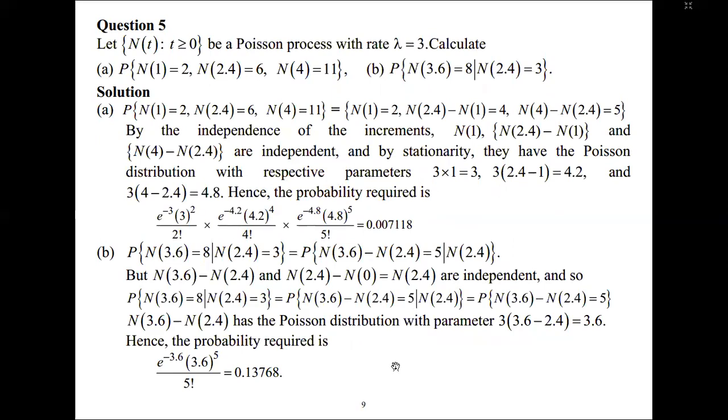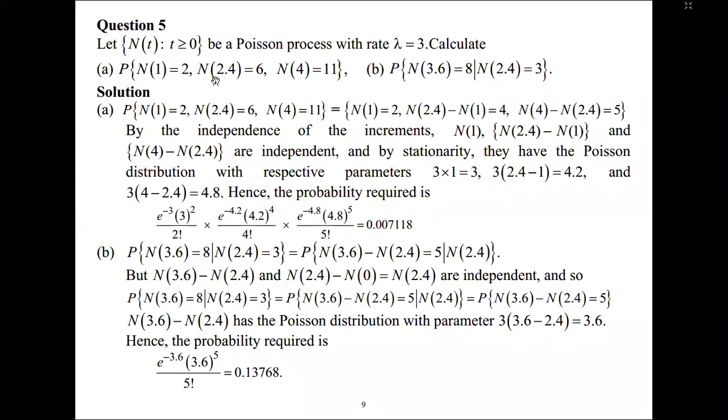In all these questions, first of all, know the rate. Here, question 5, what's the rate? It's 3. Have you seen it? Once you know the rate, you determine the time. Here the time is 1, what is inside the bracket.